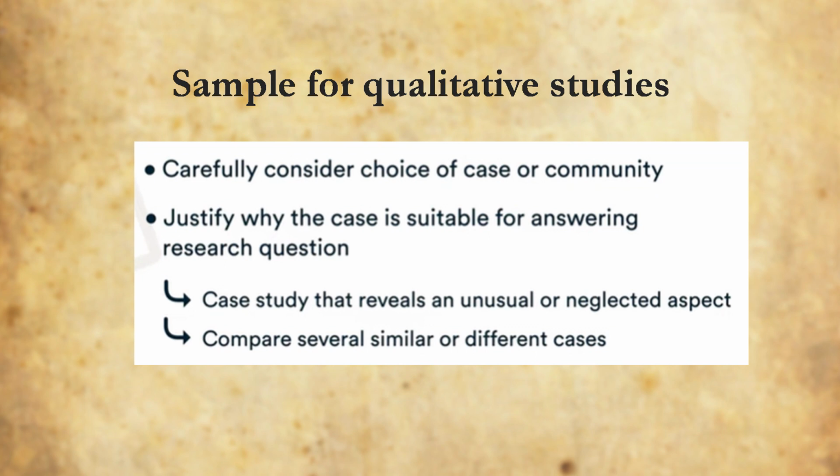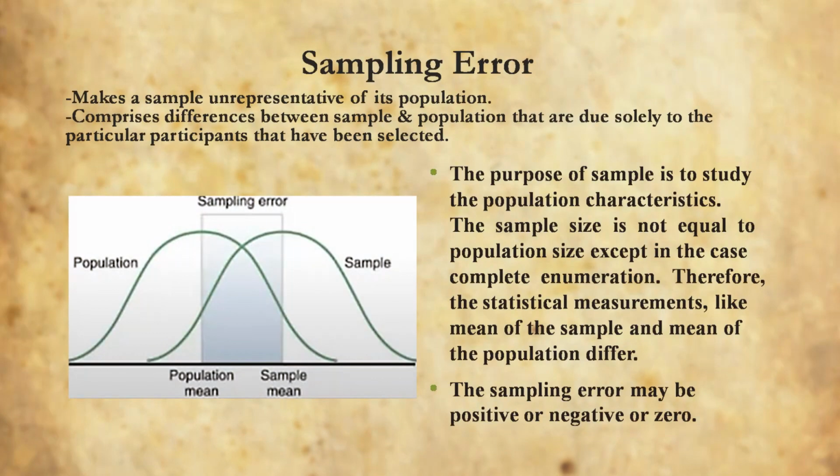Whether the case study which we are going to pick up reveals an unusual or neglected aspect, or it helps us to compare several similar or different cases. So we have, as a result of sampling, sampling errors that make a sample unrepresentative of its population, and it comprises differences between the sample and population that are due solely to the particular participants that have been selected.